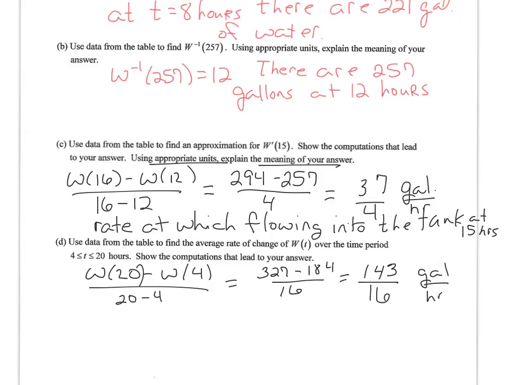Even though it didn't ask, it's always a good idea to go ahead and put that down. Should we explain the units? You can, but that's just the average rate at which water's flowing into the tank from 4 to 20 hours. But since it didn't specifically ask, be sure you show your computations.